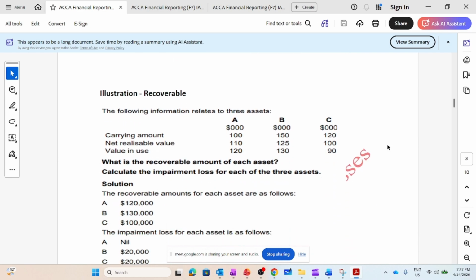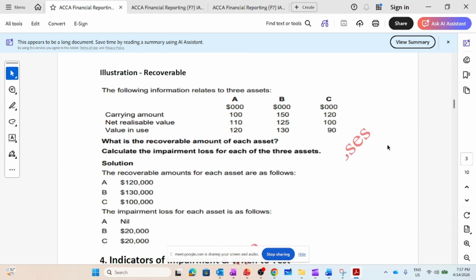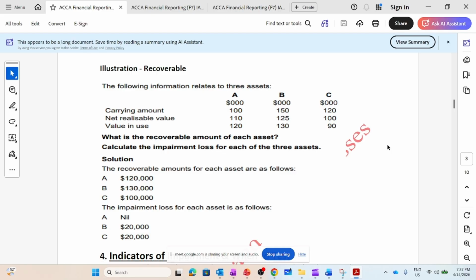So basically, let's just do some warm up so we can understand better. Illustration, recoverable value. The question: what is the recoverable amount of the asset? Calculate the impairment loss for each of the three assets. For the first requirement, for A, we need to know the recoverable value. For A, the recoverable value will be the higher of the fair value less cost to sell or the value in use.